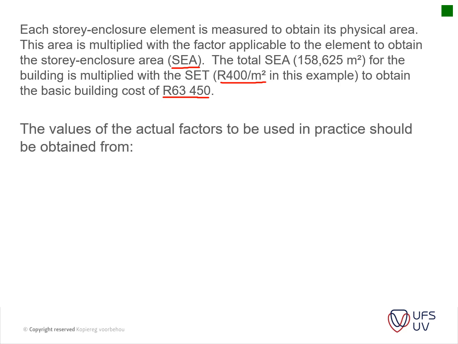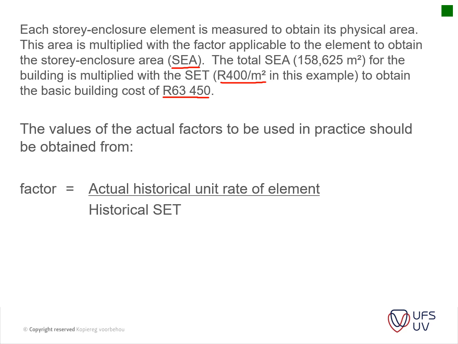The actual factor to be used in practice is represented by the following formula: you have the actual historical rate of the element, and you divide it by the historical enclosure tariff. This was shown in the example above.